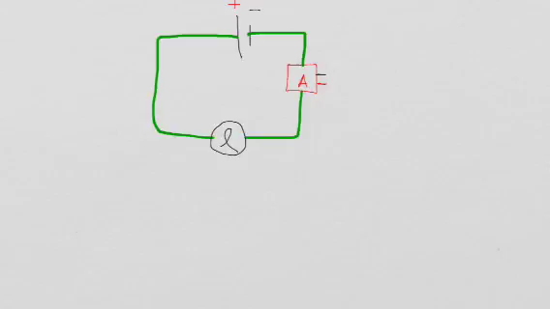Now, here's the deal. The next thing we're going to be talking about today is something called potential difference. Potential difference is also known as voltage because the unit of potential difference is the volt. Potential difference is actually the amount of energy that is transferred between any 2 points in an electrical circuit.